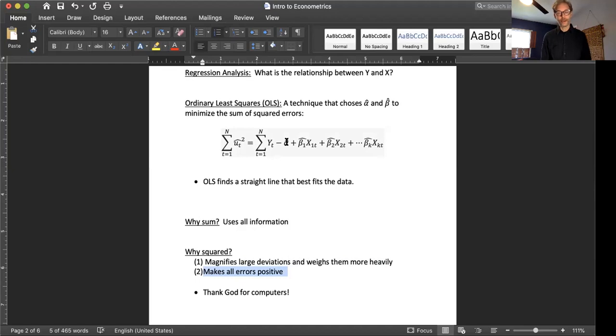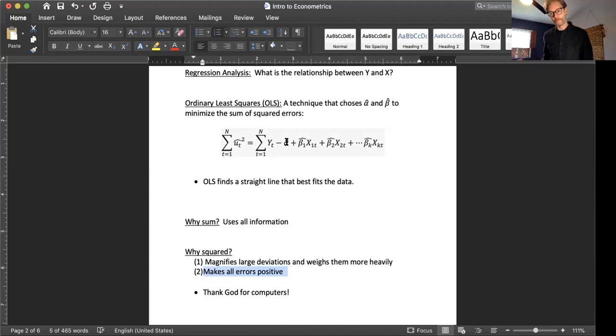In fact, while computers allow us to do this very quickly and painlessly, there's a problem. One of the problems is it's so easy to do this on a computer. And I think you'll see that when you do homework number 3. It's so easy to do it that oftentimes people will just conduct regression analysis, get some results and say, there you go, and not really understand what they're doing, right?